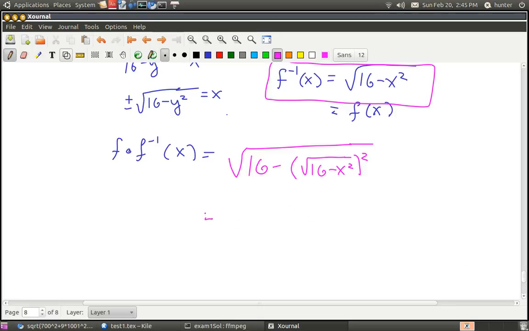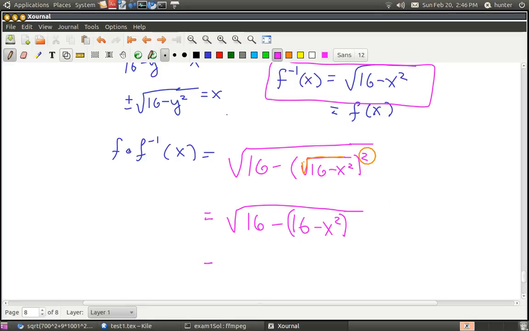And so let's see what happens here. I've got the square root of 16 minus, now look, this radical and this square are going to kill each other, right? And I'm just going to have 16 minus x squared here. And I have to be careful about the negative signs. Okay, alright.